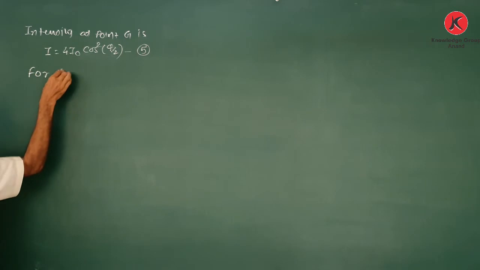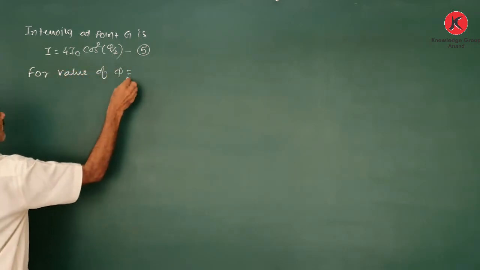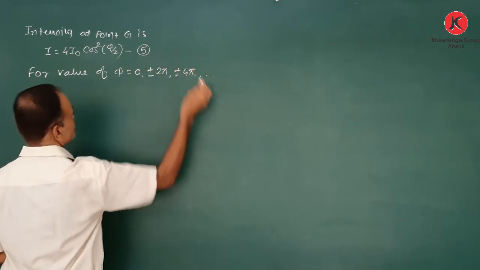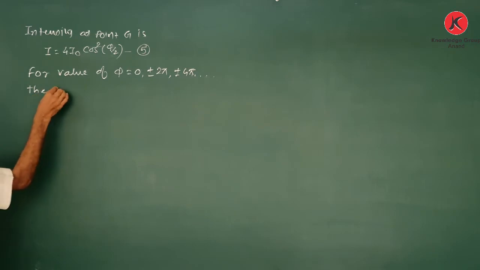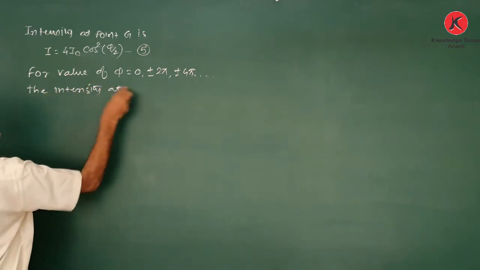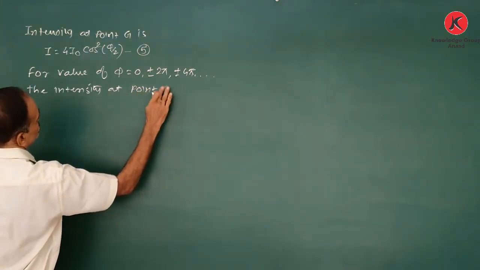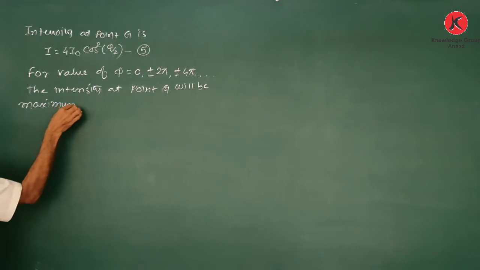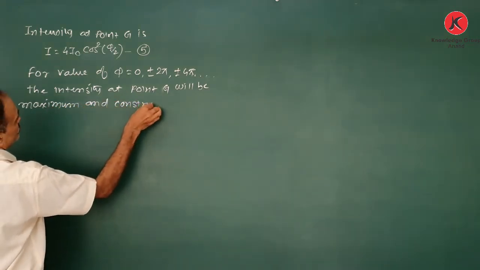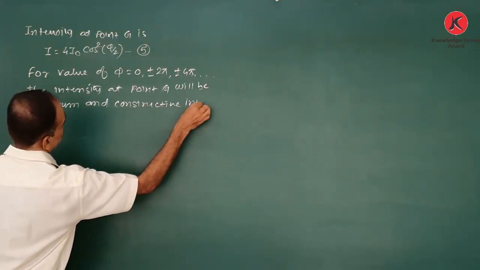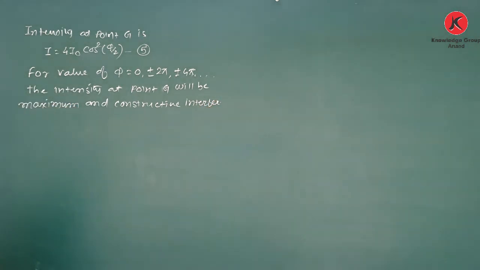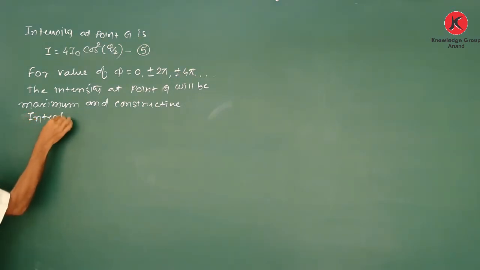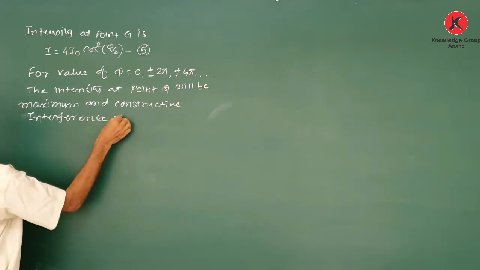For phi equal to 0, plus or minus 2 pi, plus or minus 4 pi and so on, the intensity at point G will be maximum and constructive interference will be formed.